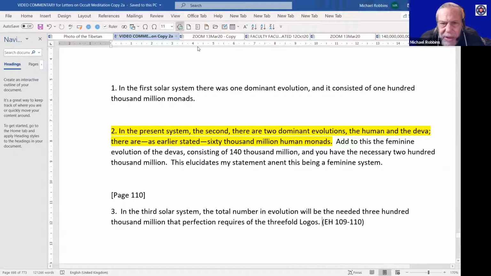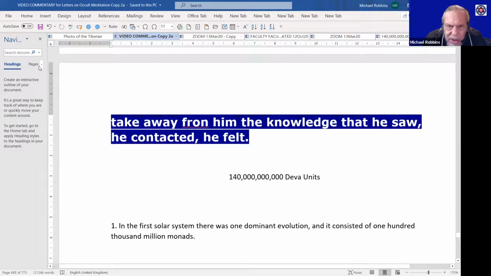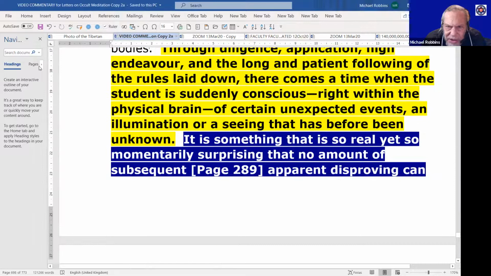Well, it may be the solar logos. In any way, the number is huge, and when people simply look at the number of human beings in incarnation, they are missing the human monads, and in this particular case called human souls, out of incarnation.